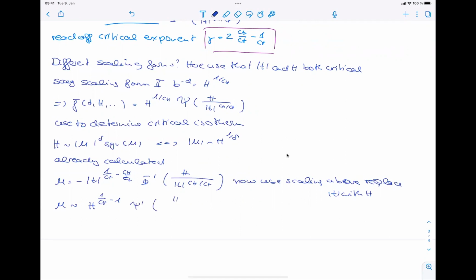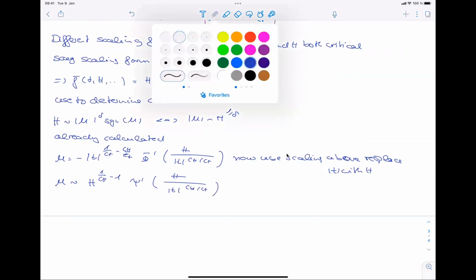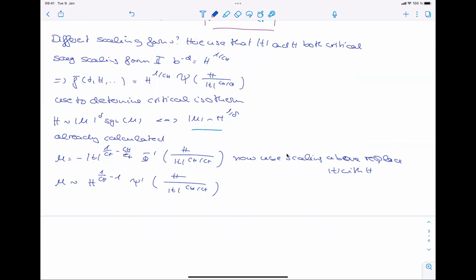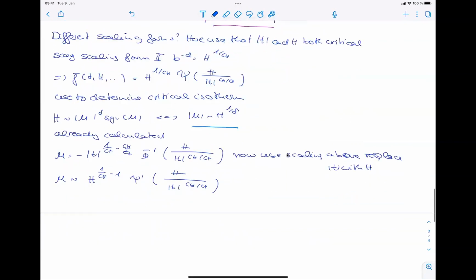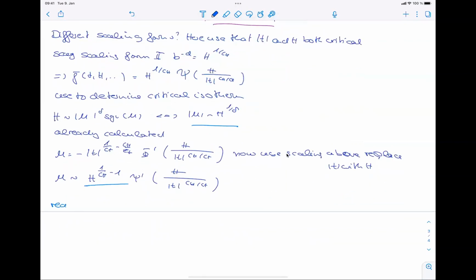Psi 1. And last, read off the critical exponent 1 over delta is equal to 1 over c_h minus 1.